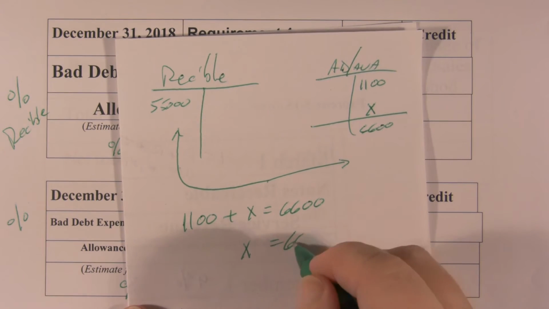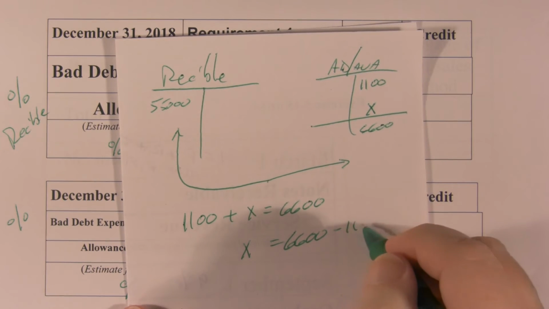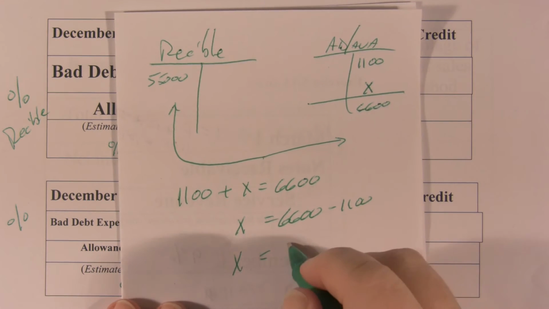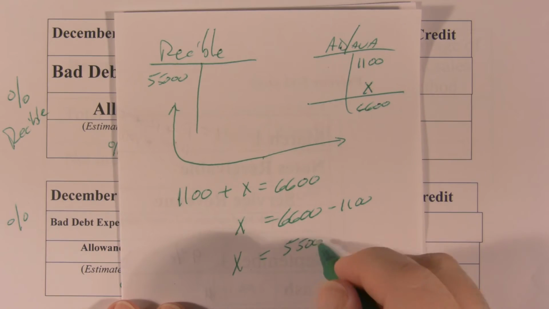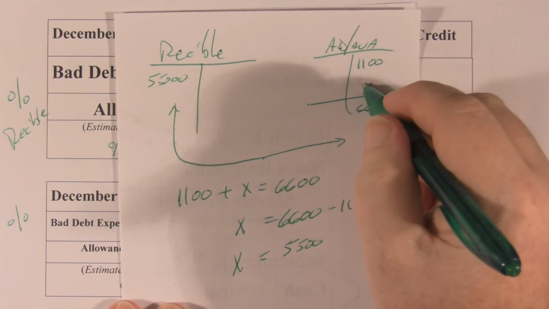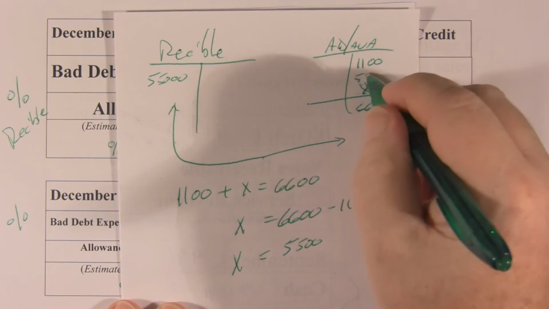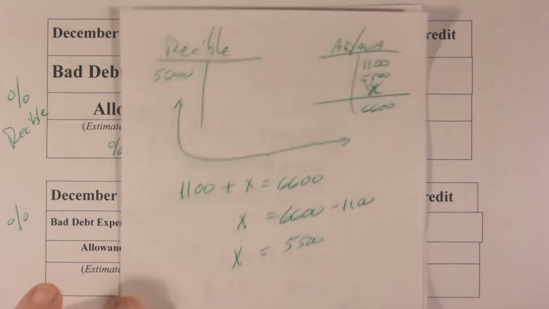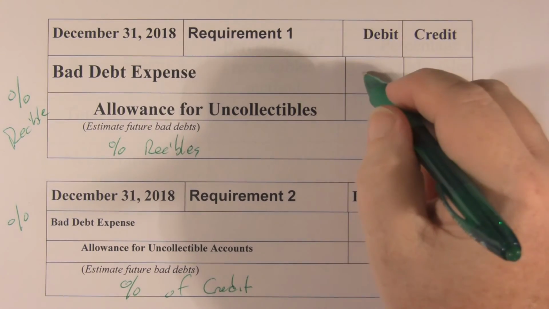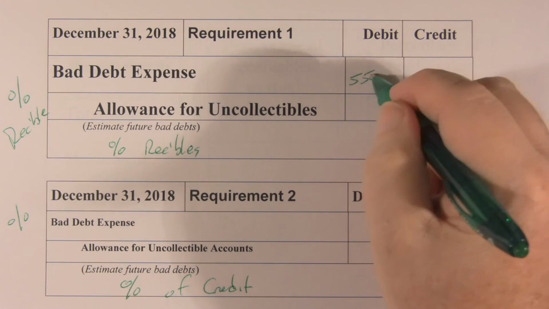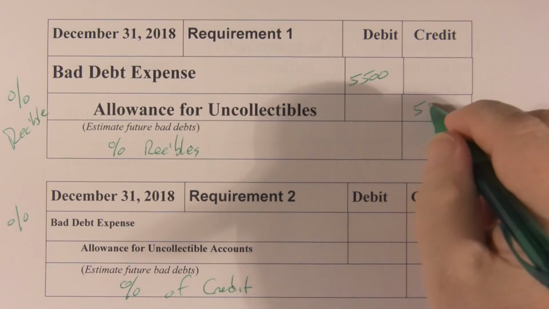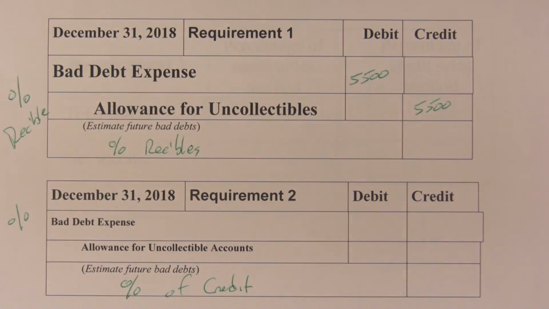X equals 6,600 minus 1,100. X therefore is 5,500. That's our bad debt expense and our entry to allowance, 5,500. So our bad debt expense under the percentage of receivables, 5,500, and allowance for uncollectibles, 5,500.